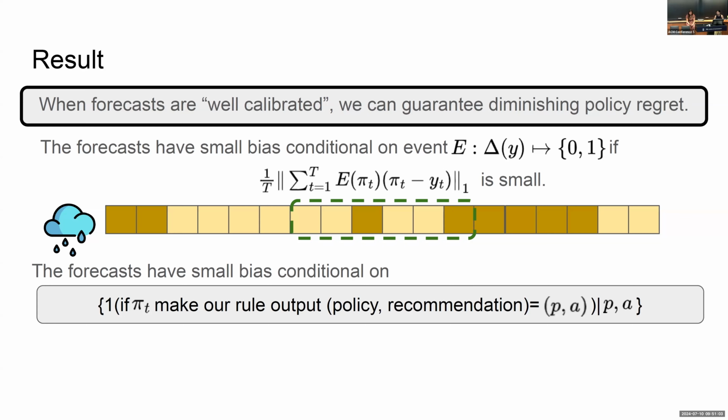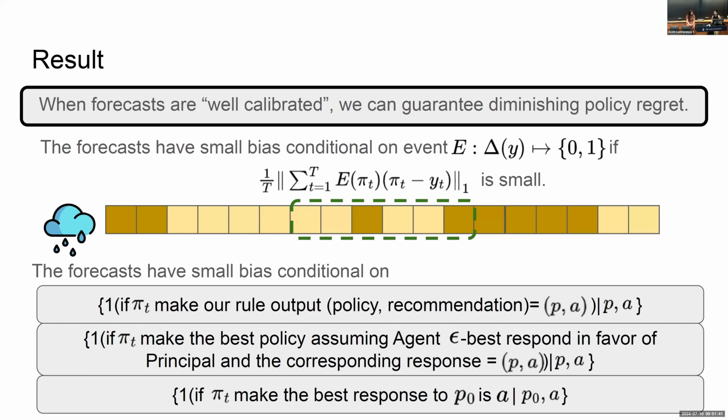The second set of events is: if the forecast makes the best policy, assuming the agent will epsilon best respond in favor of the principal, and the corresponding response is P and A, this defines another event, again enumerated over all P and A. The third set of events is: if pi t makes the best response to policy P not equal to A, for all policies P not and actions A.